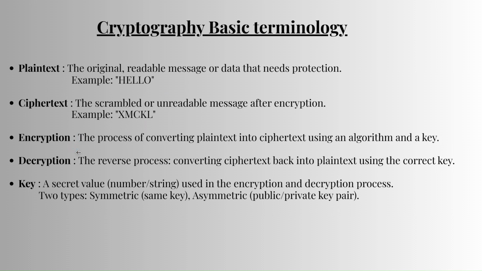It is the process of converting plain text, the original message, into ciphertext, an unreadable format, using algorithms and a key. Decryption is the reverse process of encryption, where the ciphertext is converted back into the original text. Key is a secret, which may be a number or a string, used in the encryption and decryption process.